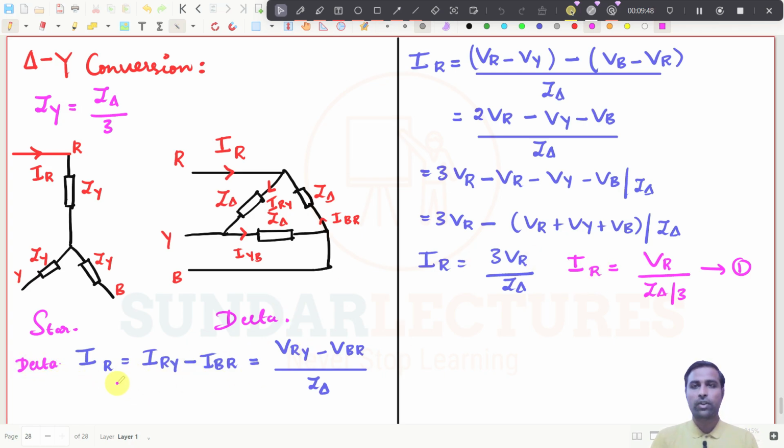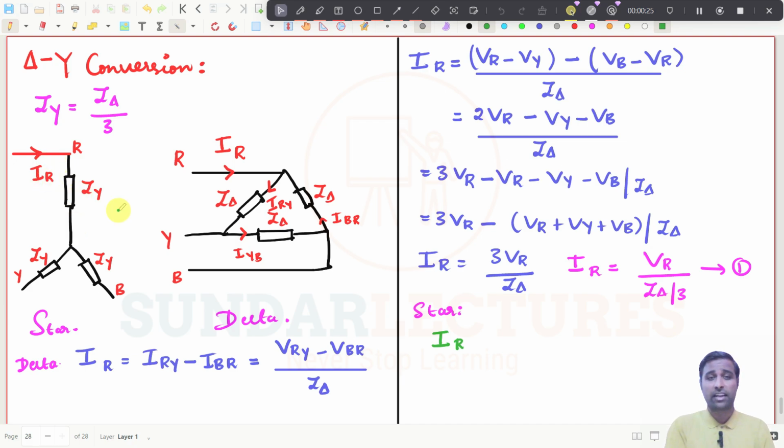Now if I want to write for the star connection, it is very simple, right? What is the equation for the star connection? What is I_R? It is V_R, the phase voltage, divided by Z_Y.